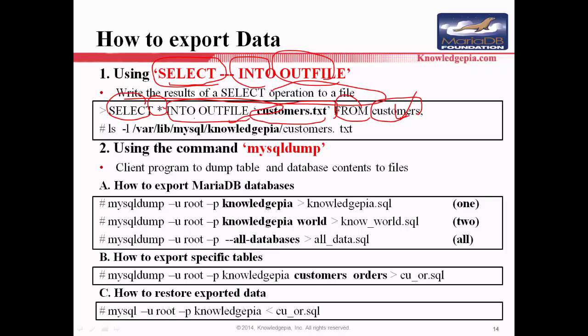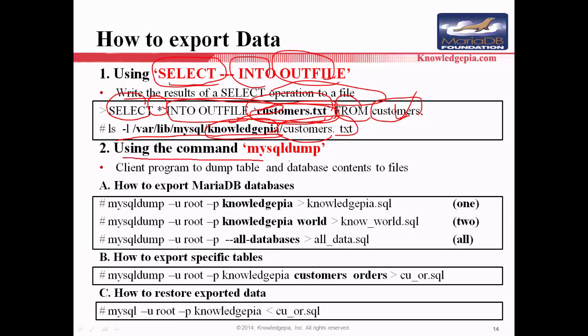Now you export this data to the file customers.txt. Then this file can be seen in the default database directory, in my case /var/lib/mysql/knowledge, where knowledge is the database name, and then the file name.